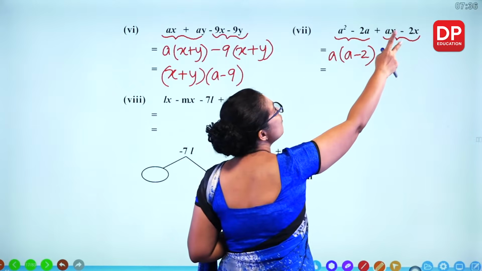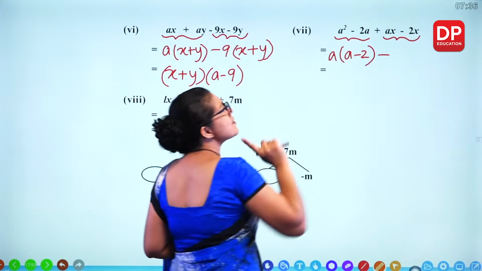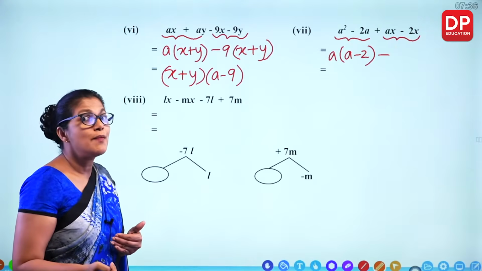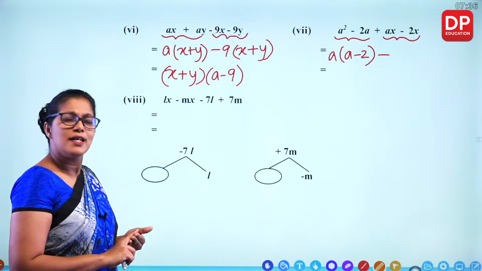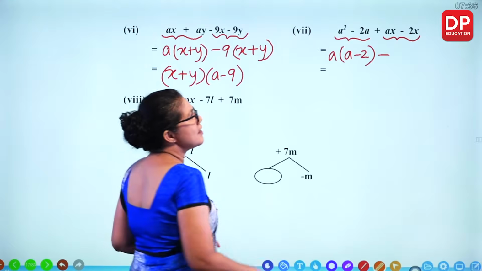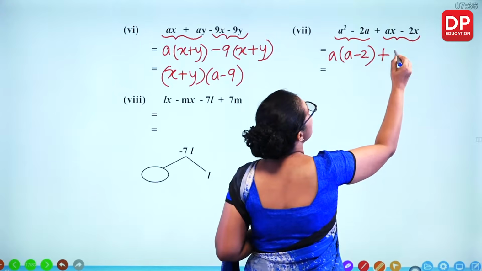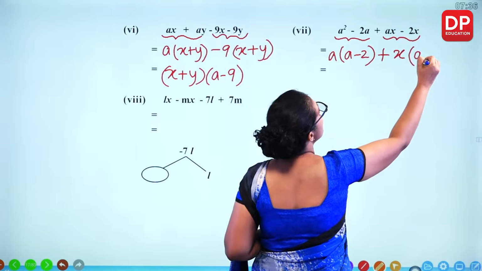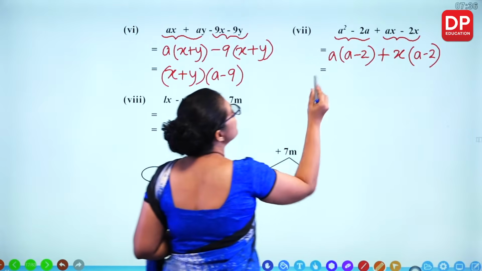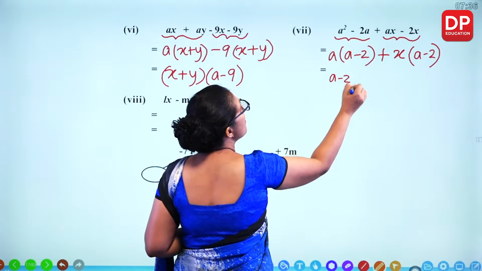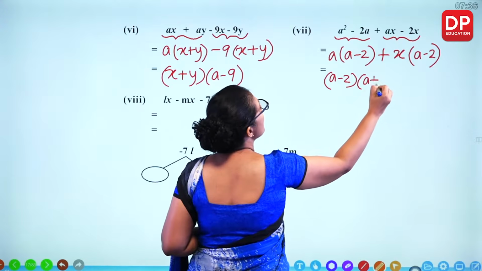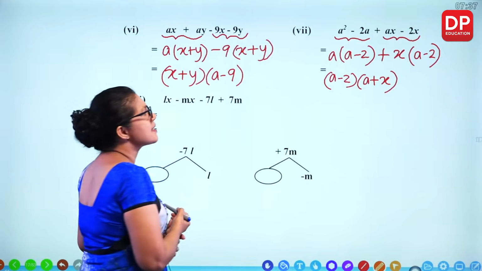So be careful when you have one positive and one negative. Sometimes you need to take the minus out, sometimes not. In this case, you don't need to take minus out. You can write x plus x and then a minus 2 remains. Then a minus 2 is common and you can write this as a plus x.